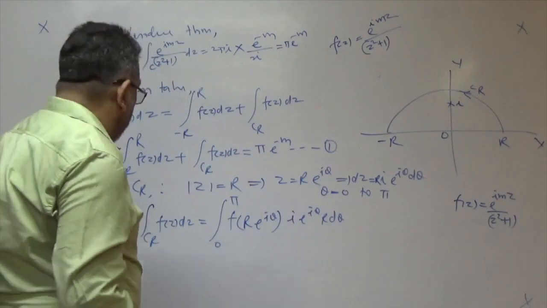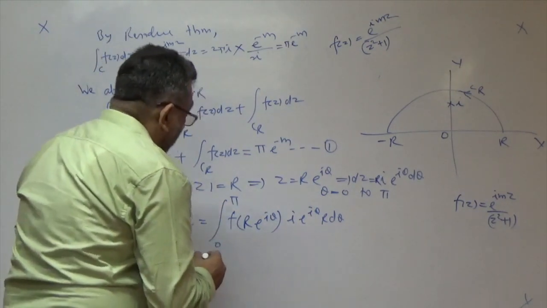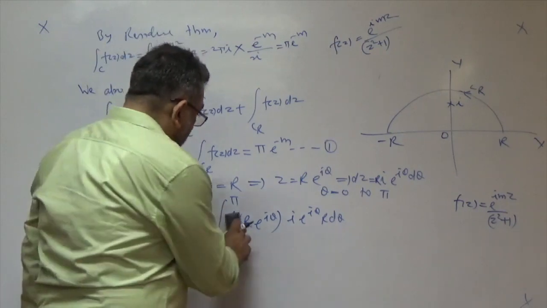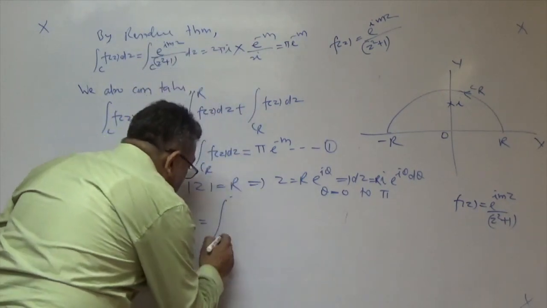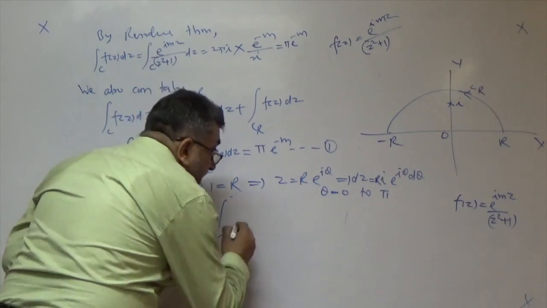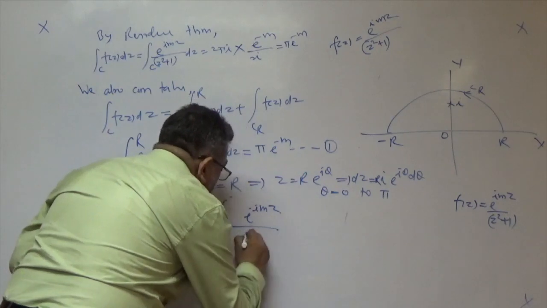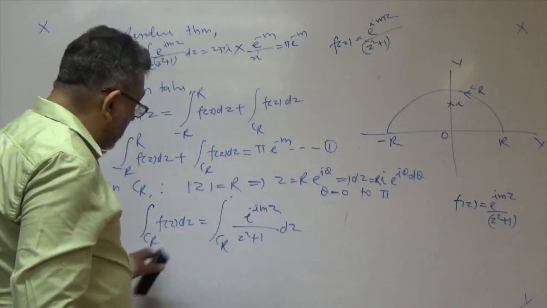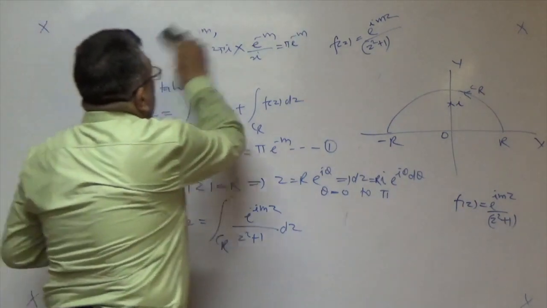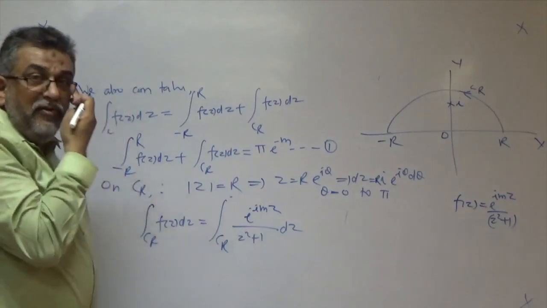Take another simple method. It is a very simple and very short method. If we calculate its value through the modulus and then take the limit, that will be very easy.